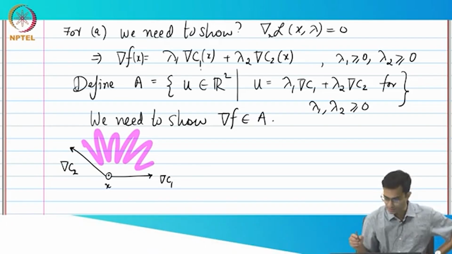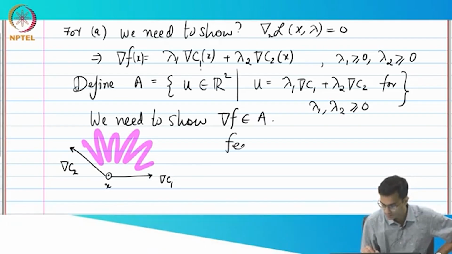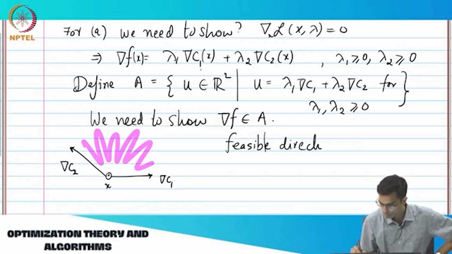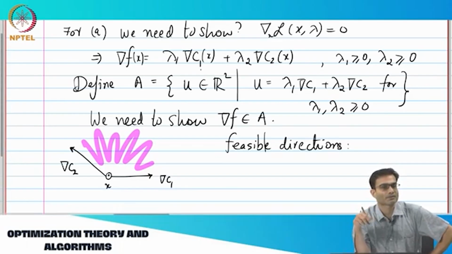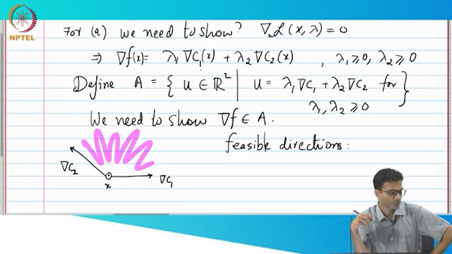Let's just sketch the feasible directions here. Does anyone remember how we define the feasible directions given grad C1, grad C2?